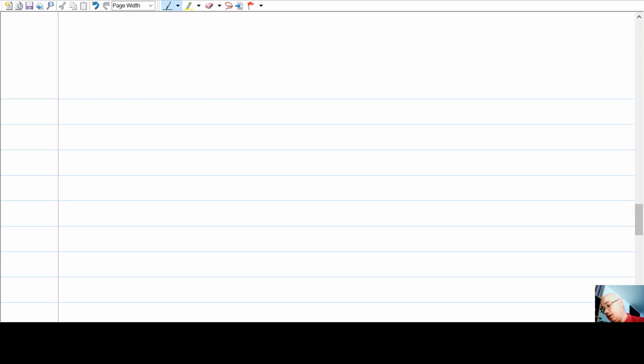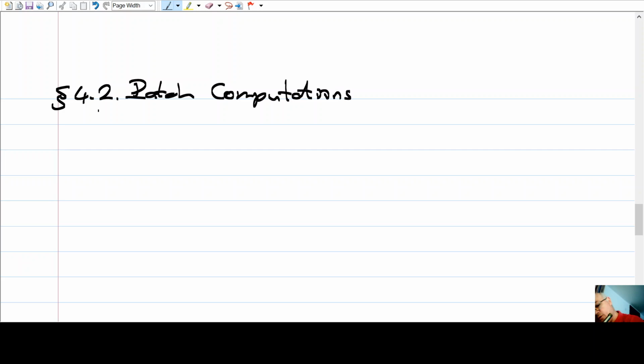Now let's pass to the second section, namely patch computations. We will do some basic computations on surface patches.